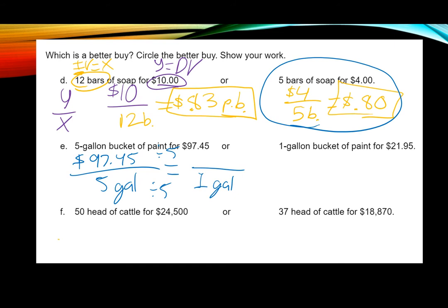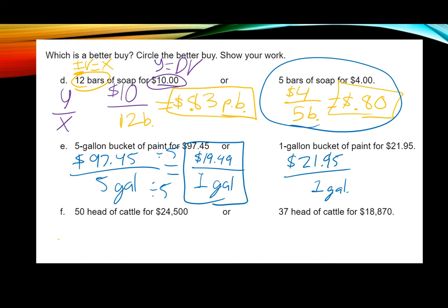So what does that give us? 97.45 divided by 5 gives us $19.49 per gallon. And next we have, oh, this one's nice and easy. It's already done for us. $21.95 per 1 gallon. So the cheaper buy, or the better buy, is going to be my 5-gallon bucket.